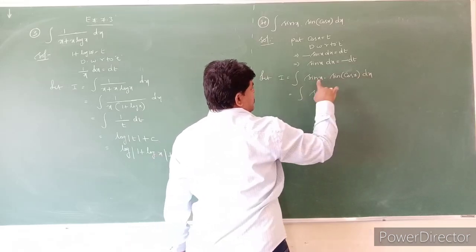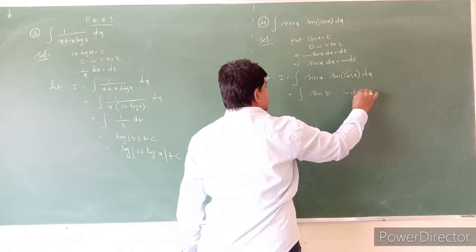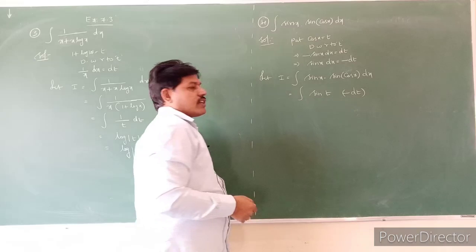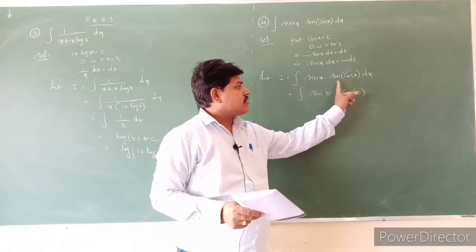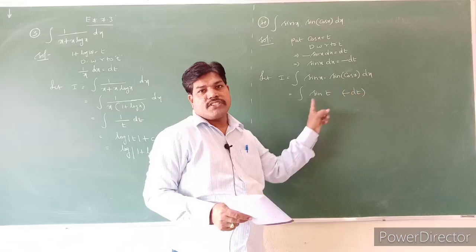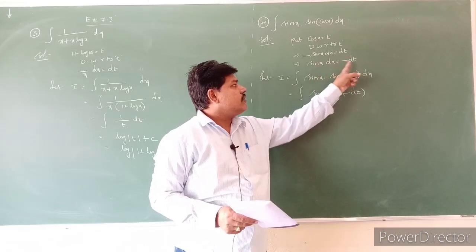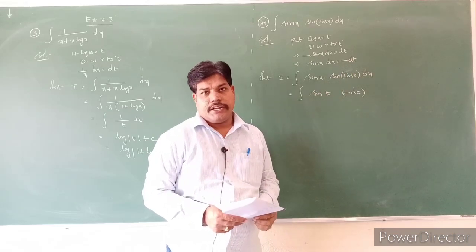Sin x into dx will become minus dt. See that term once again: sin of cos x, cos x is equal to t, automatically sin of cos x will become sin t, and sin x into dx value will become minus dt.